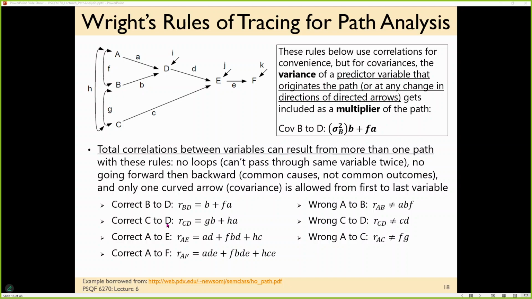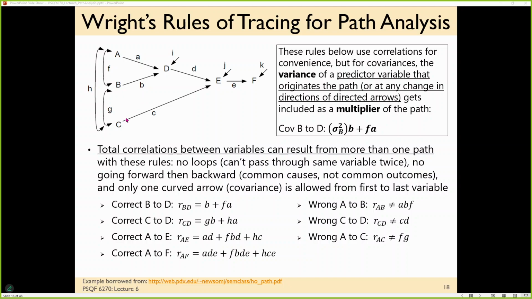If I want to go C to D, here's C, there's D. Now it looks like there's nothing connecting them, right? There's no direct relationship, but there's an indirect one, because I can go from C over to B and then down to D, or I can go from C all the way back to A and then down to D. So there is a model implied relationship between C and D because of the other paths.